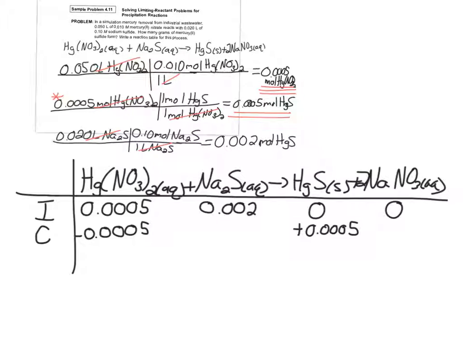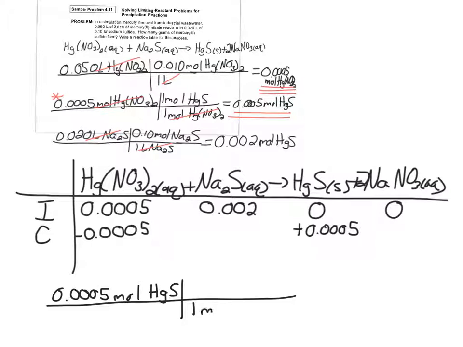So if I made 0.0005 moles of mercury sulfide, let's see how much sodium sulfide it takes to make that. From the balanced equation, I'm going to use that as my conversion factor. For every 1 mole of mercury sulfide, it takes 1 mole of sodium sulfide.